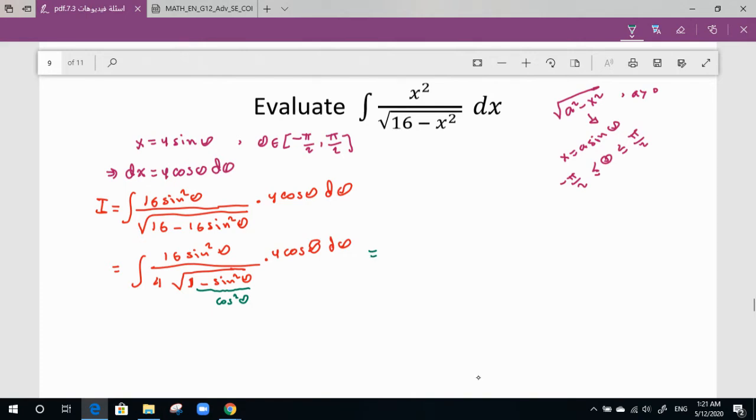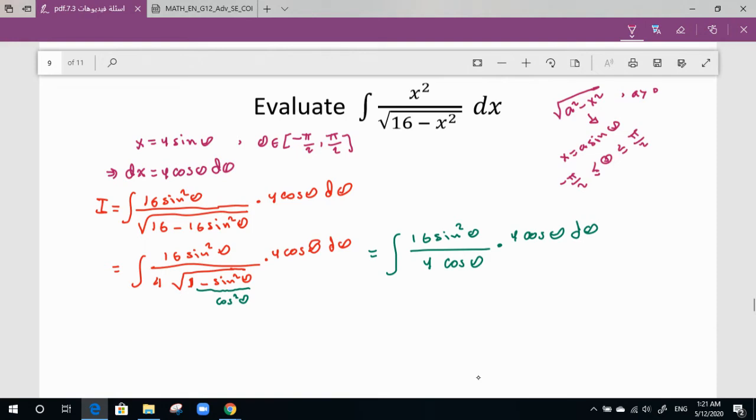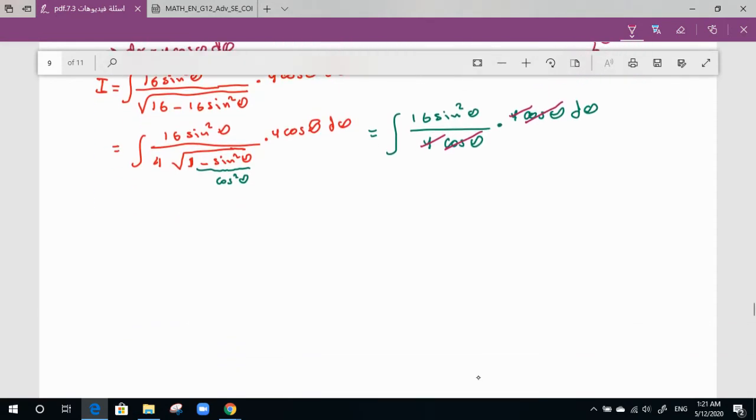So here I will have the integral of 16 sine square theta over 4 cosine theta, times 4 cosine theta d theta. Cosine theta cancels with cosine theta, and 4 with 4. So it equals the integral of 16 sine square theta d theta.